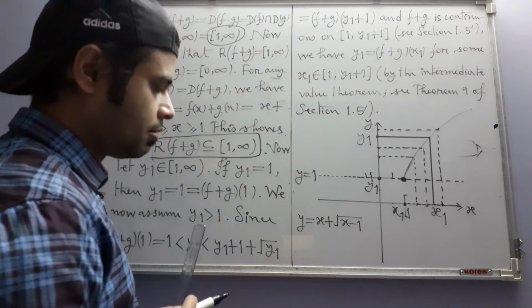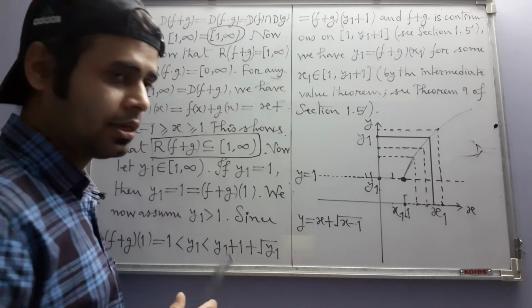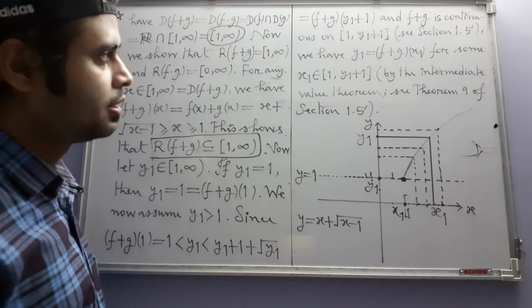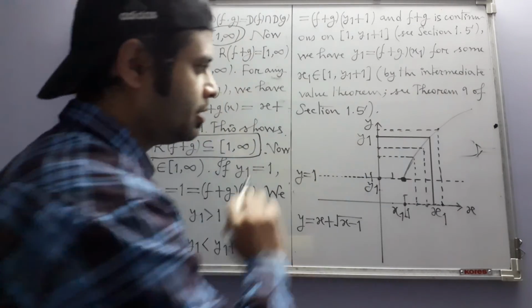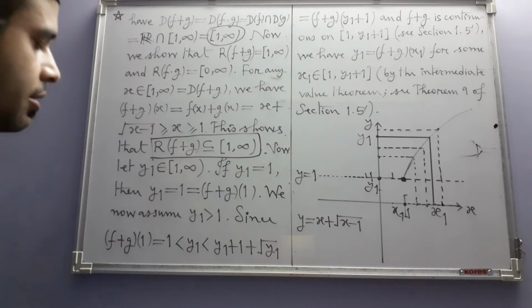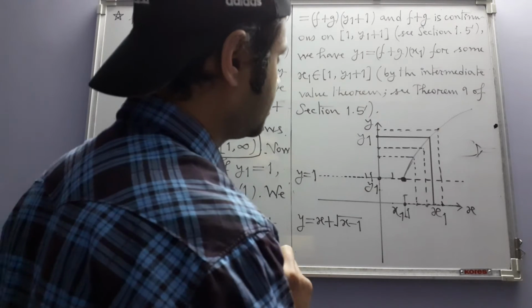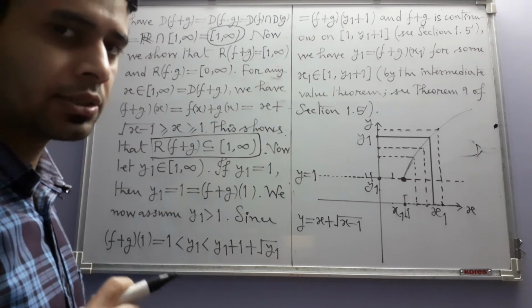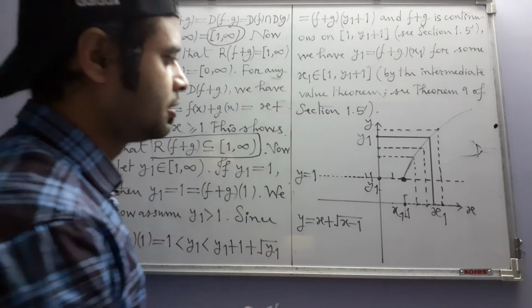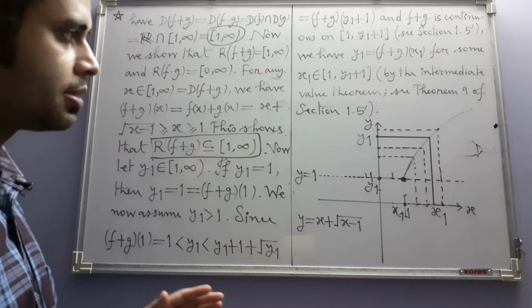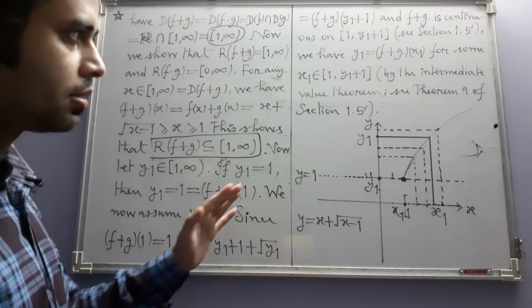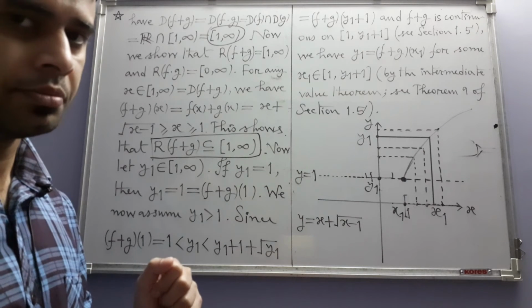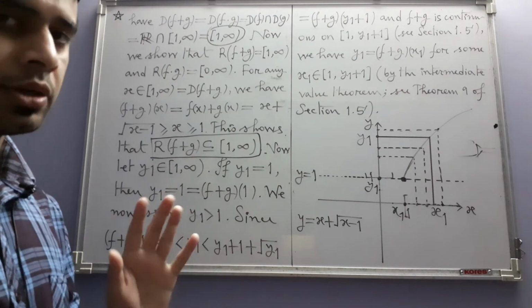But there is a theorem that helps us do these things, and that is known as the intermediate value theorem. It says that if a function is continuous, we don't know what continuity of a function is, we will see afterwards, but roughly continuity says that when you draw the graph of a function, the graph is not broken. We have seen broken graphs.